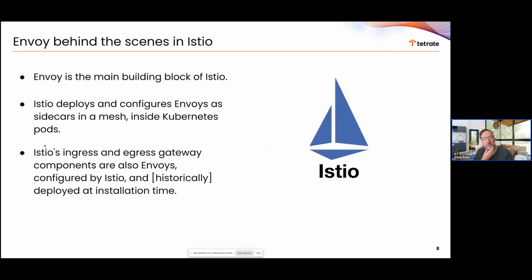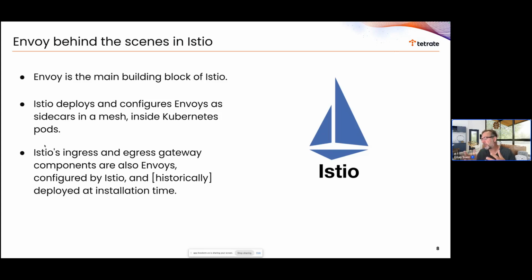And it's also worth stating that Envoy is really the workhorse behind the scenes in Istio. When we talk about Istio, that term is front and center, but the main building block of Istio is Envoy. You could say that Istio is really nothing more than a control plane for Envoy. The brains behind the operation, but it's all about managing Envoys.